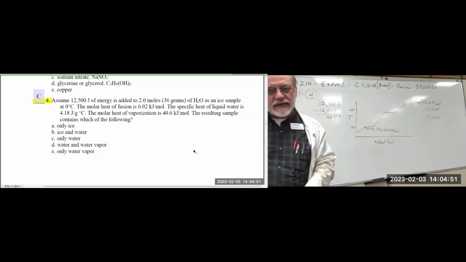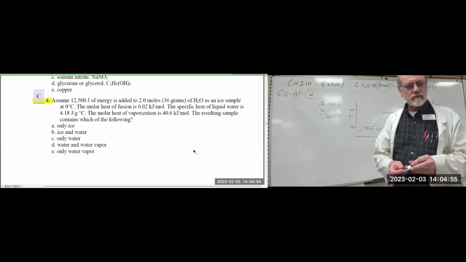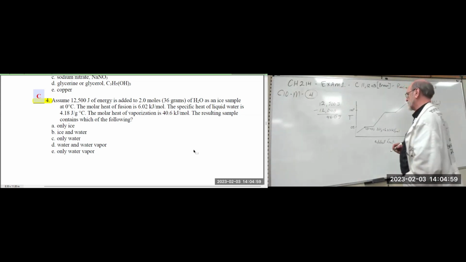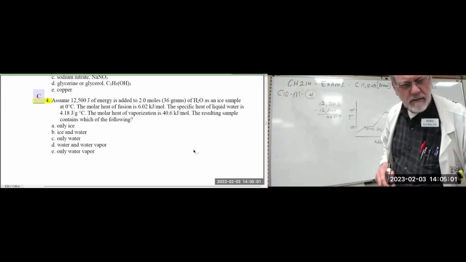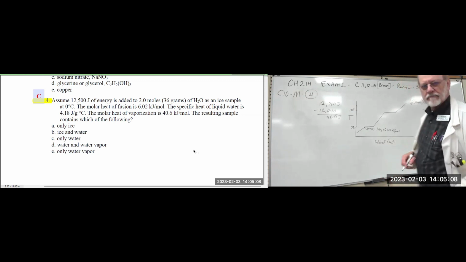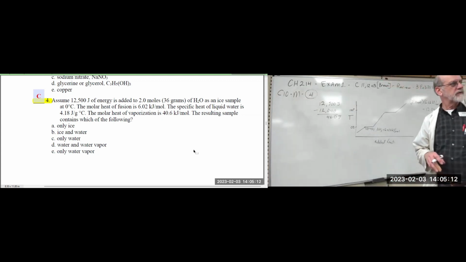And to do that, we need the specific heat of water, 4.18 joules per gram degree C. That's why the parentheses says 36 grams is 2 moles.